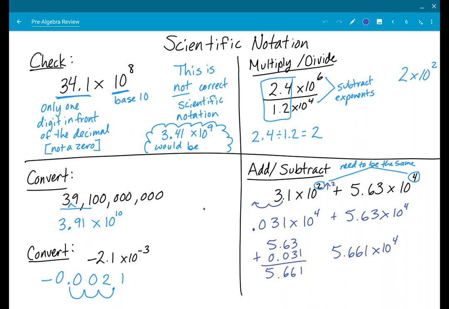The second type of problem you might get is converting. You're either going to start with a number or something in scientific notation, and you'll be asked to move it to the opposite. So here, when I look at 39,100,000,000, I'm going to find the first digits until I get to the zeros.